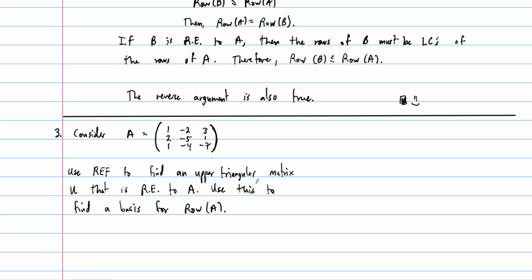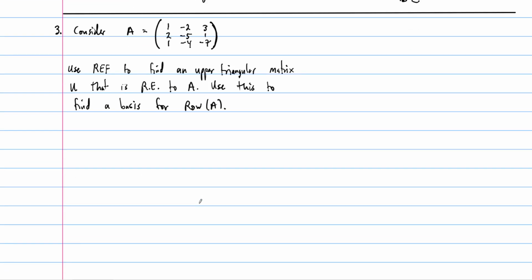All right, now that you've had a chance to work on this, let's see how you did. I'm just going to write down the upper triangular matrix. By using the REF method, I got that the upper triangular matrix should be 1, 0, 0 for the first column, -2, 1, 0 for the second column, and then 3, 5, 0 for the third column.